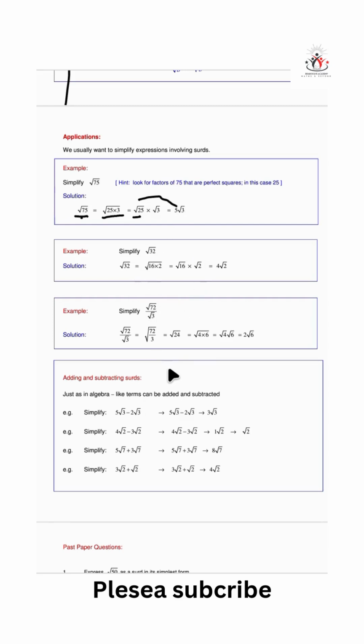Before we continue, let me give some other rules that we have in surds. When you have square root of x plus y, this should not be taken as square root of x plus square root of y.